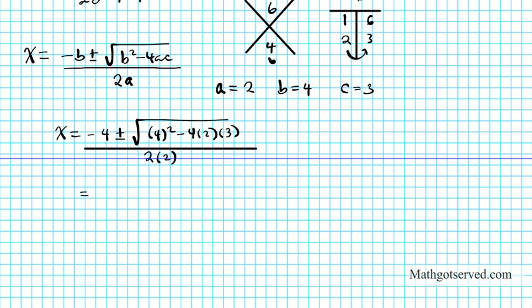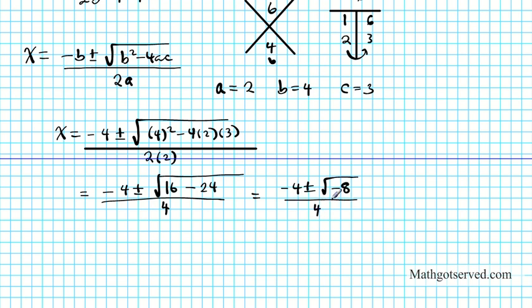We're going to have negative 4 plus or minus the square root of 4 squared, 16, minus 4 times 2 is 8, 8 times 3 is 24, divided by 4. And that becomes negative 4 plus or minus the square root of 16 minus 24, which is negative 8, over 4.